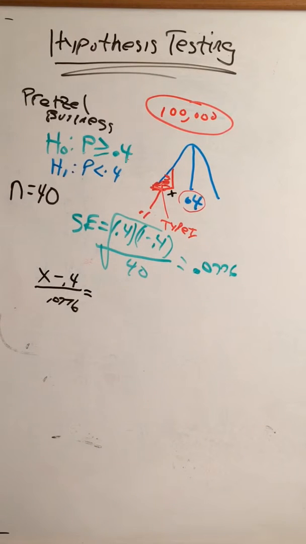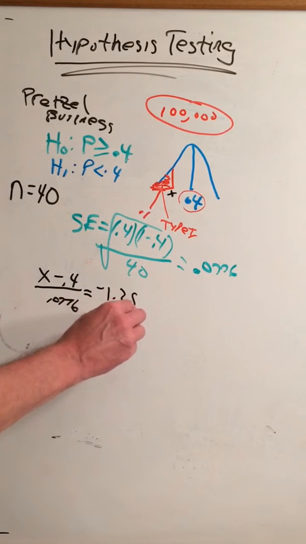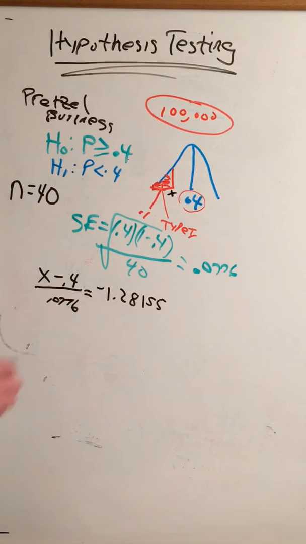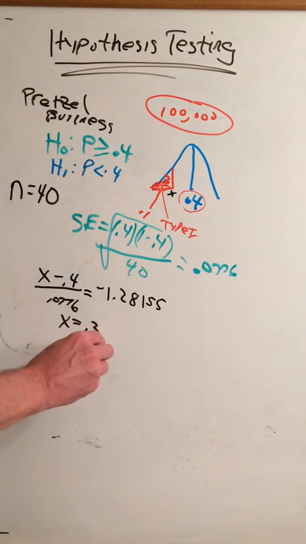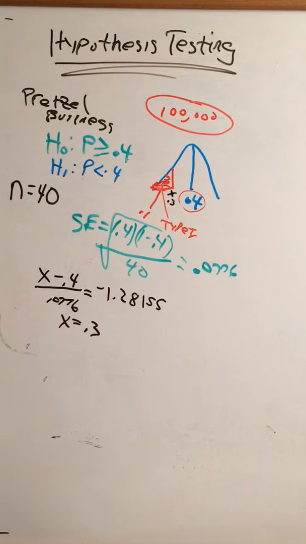You can find that in Excel. And that happens to be coming out to be negative 1.28155. So we multiply these two numbers, add 0.4, get out our calculators again. X is equal to 0.3. So this is 0.3. Anything less than 0.3, we're going to reject that claim, that entire claim.